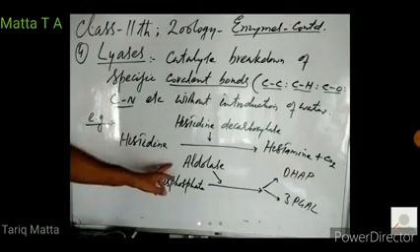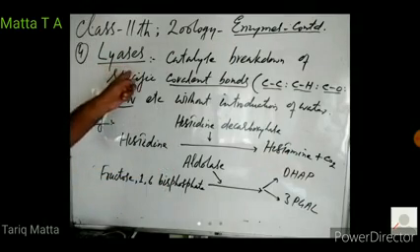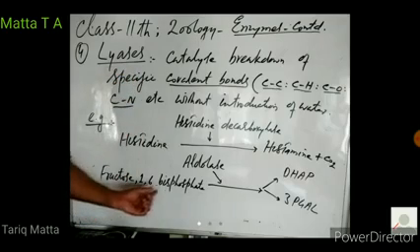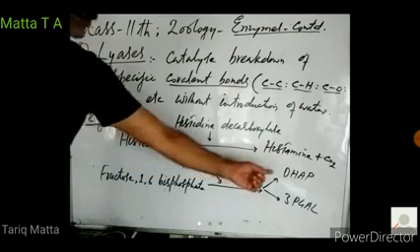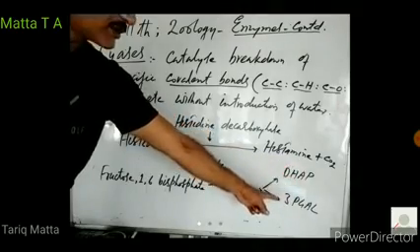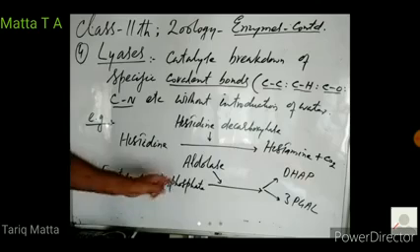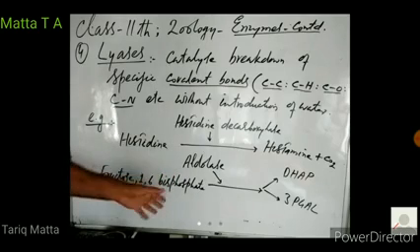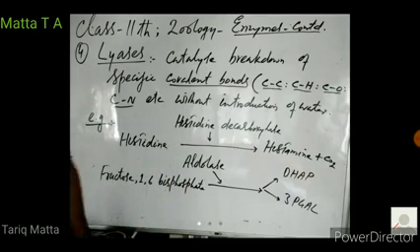So aldolase is a lyase which breaks fructose 1,6 bisphosphate into dihydroxyacetone phosphate and 3-phosphoglyceraldehyde. Right? So it breaks the covalent bonds without the introduction of water.